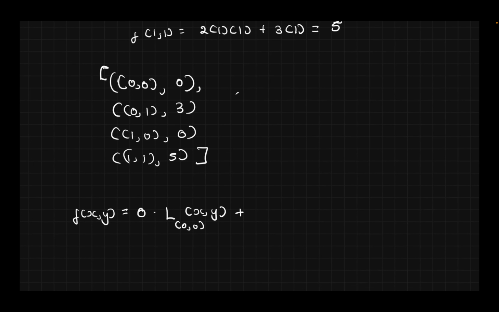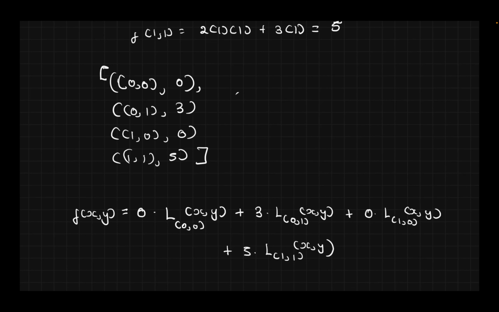Then you have plus 3 times L of 0, 1. Then plus 0 times L of 1, 0. Then plus 5 times L of 1, 1. Does this make sense?